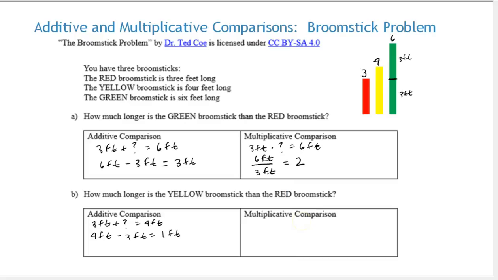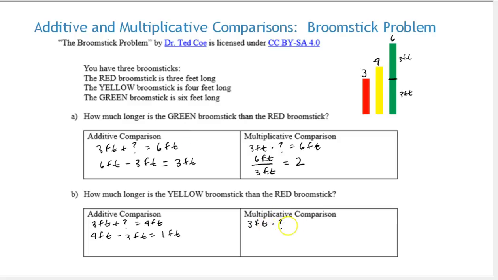Now, multiplicatively, this one seems a little bit harder, but it's really just the same idea. So looking at the red and the yellow broomstick, we want to know how many copies of the red would give us the yellow. So notice the yellow's bigger, so it's going to be at least 1 copy, and then a little bit more. And we want to see what that little bit more is. So let's write this out like we did in the last problem. 3 feet times some number.